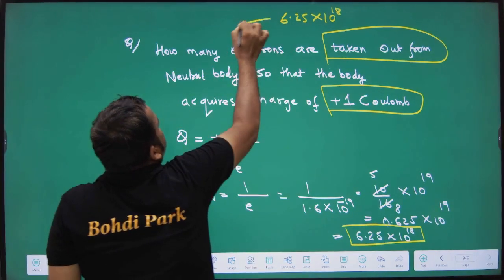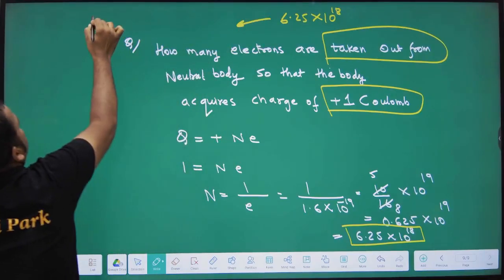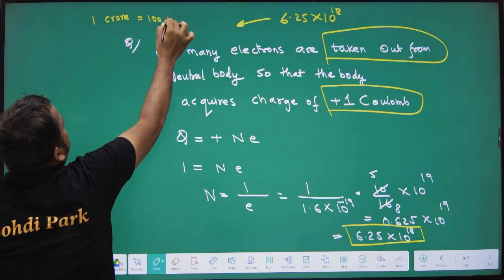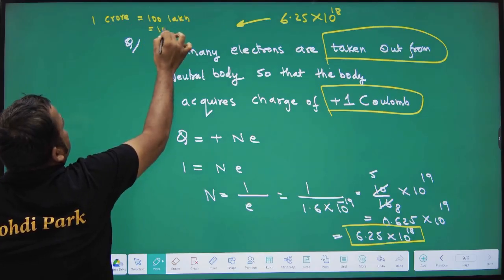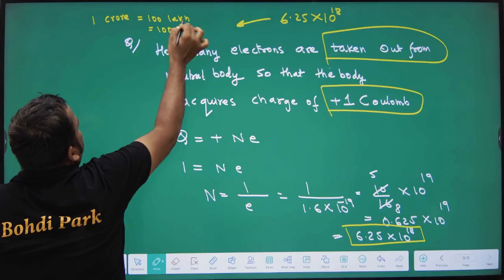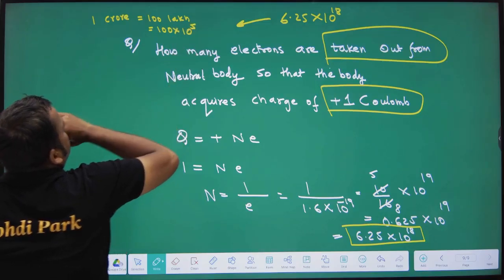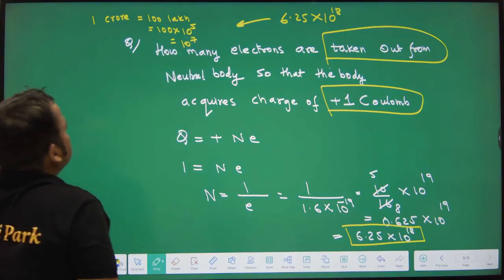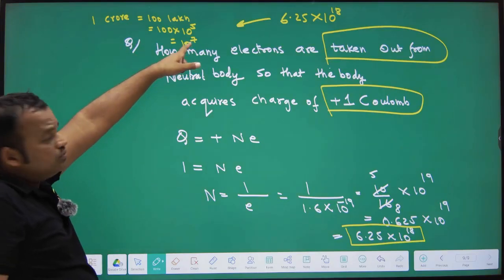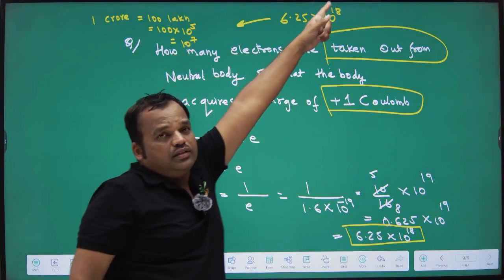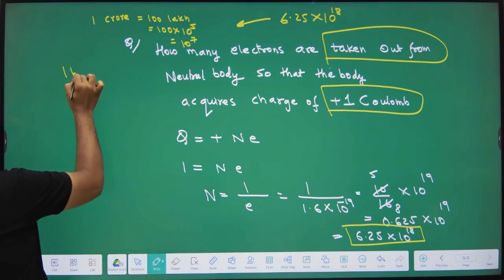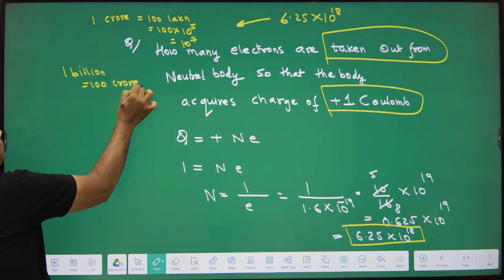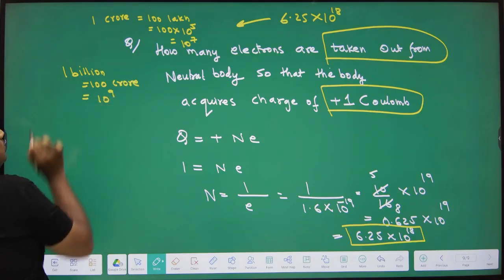So it is a huge number, a very big number, because we know that 1 crore is 100 lakh, so that is 100 into 1 lakh, meaning 5 zeros after 1. So 1 crore is 10 power 7, and this is 10 power 18. So 1 billion is 100 crore, that is 10 power 9.